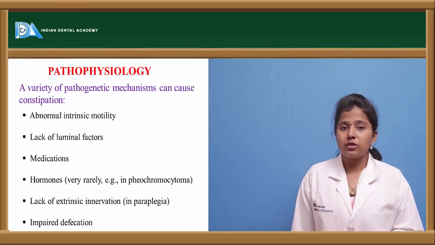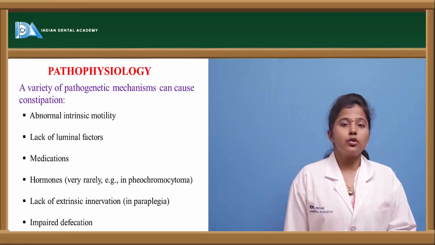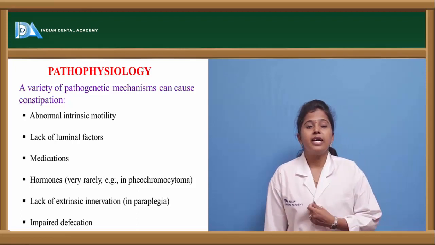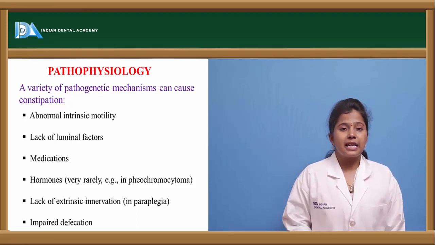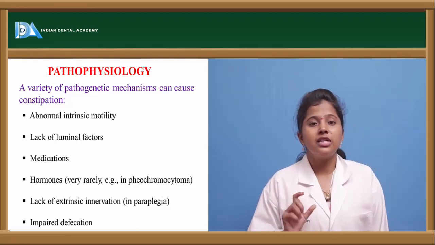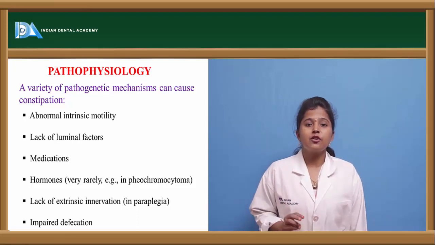And because of hormones, for example, in a condition called pheochromocytoma. Pheochromocytoma is a condition where a tumor develops in the adrenal gland. The adrenal gland is present on the kidney. This adrenal gland releases epinephrine and norepinephrine.